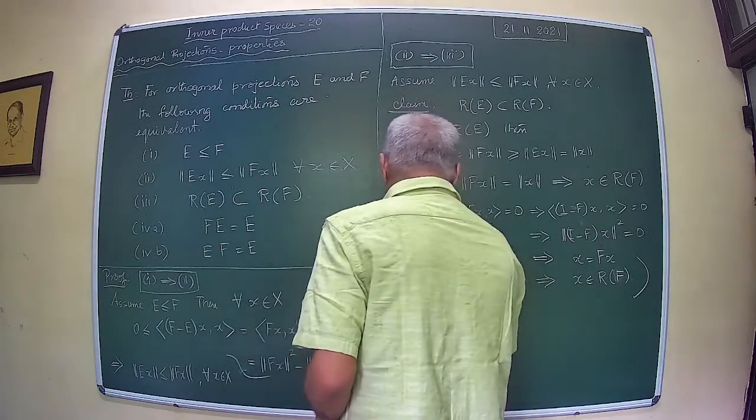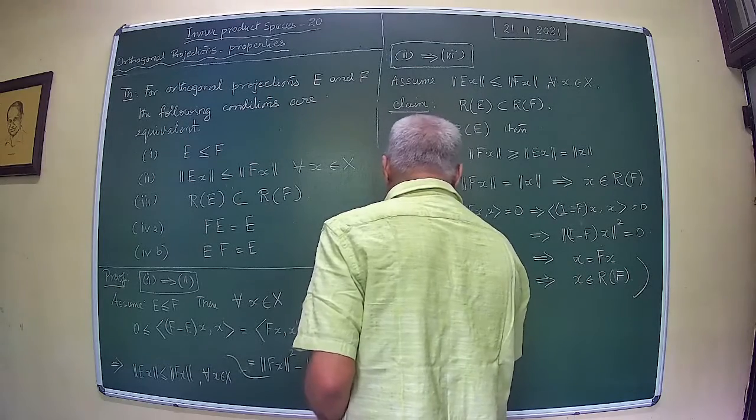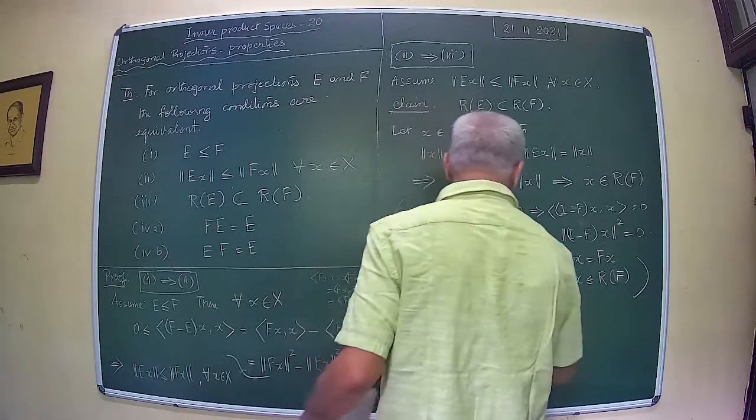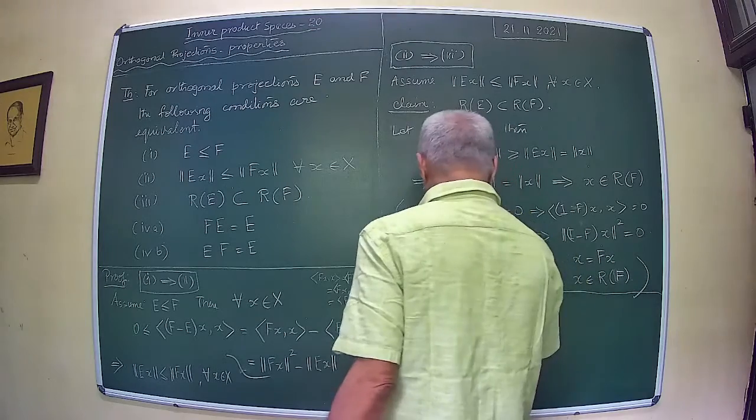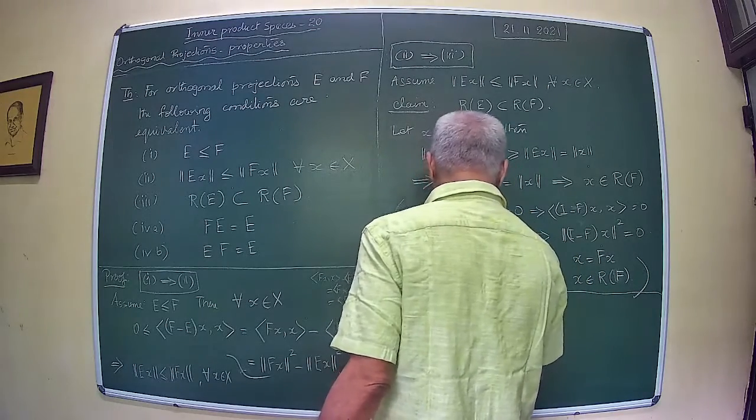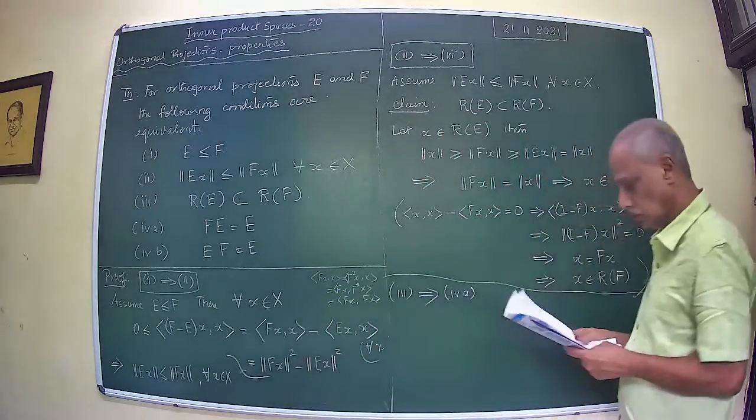Now we prove 3 implies 4A. So what is this?